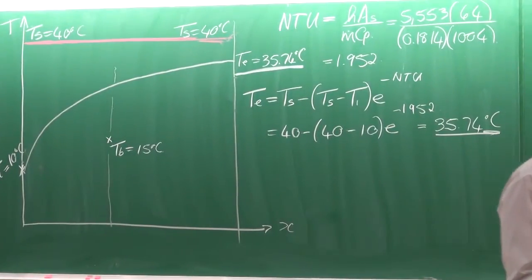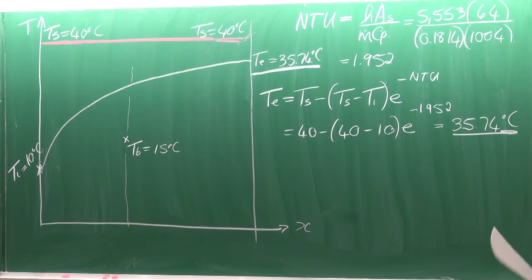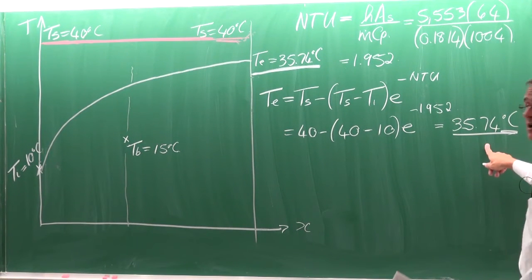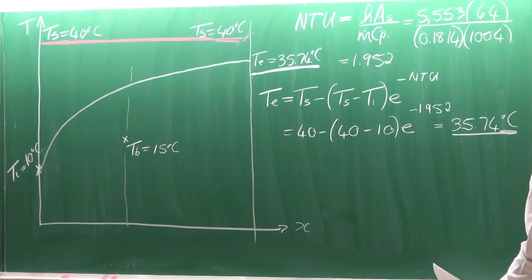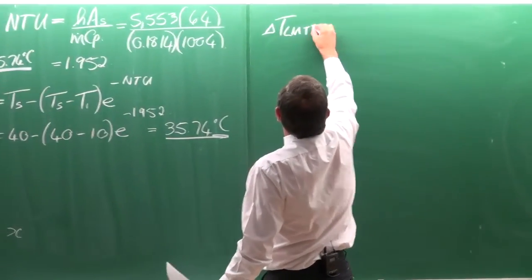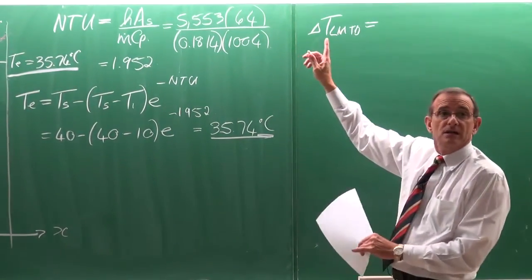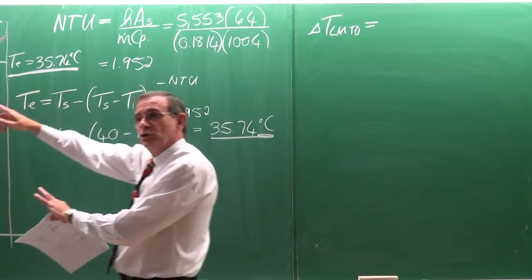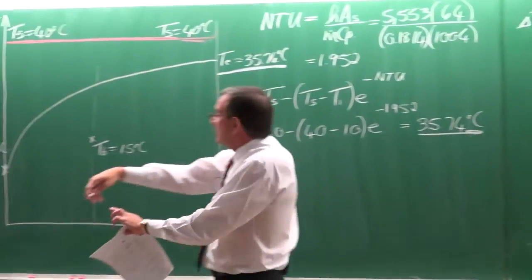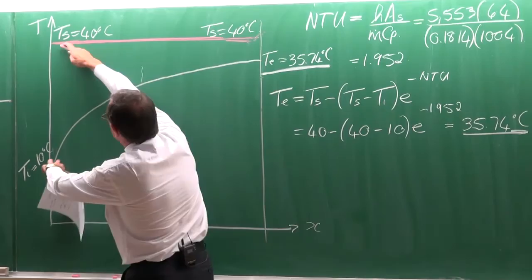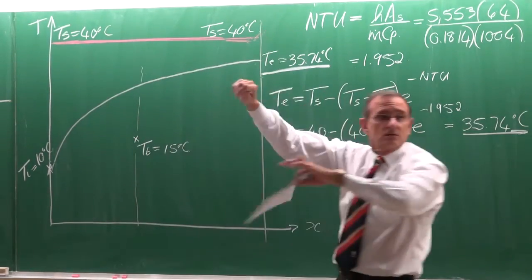Right, now, we've got that 35. So now we can calculate the LMTD. Take a good look at your sketch, and that is why I would recommend that you make a sketch. You've got those two temperatures, and you've got those two temperatures. You see?